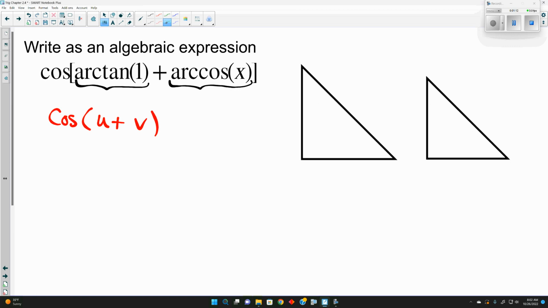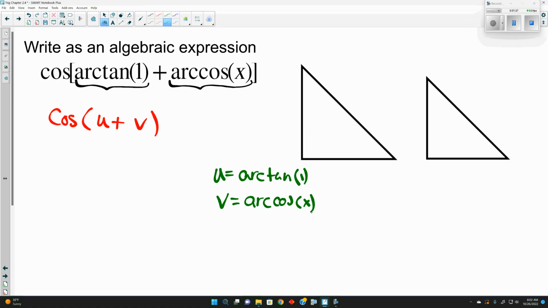And for us here, we're saying that u is equal to arctangent of 1, and we're saying that v is equal to arc cosine of x. Because that's really all we're saying so far.